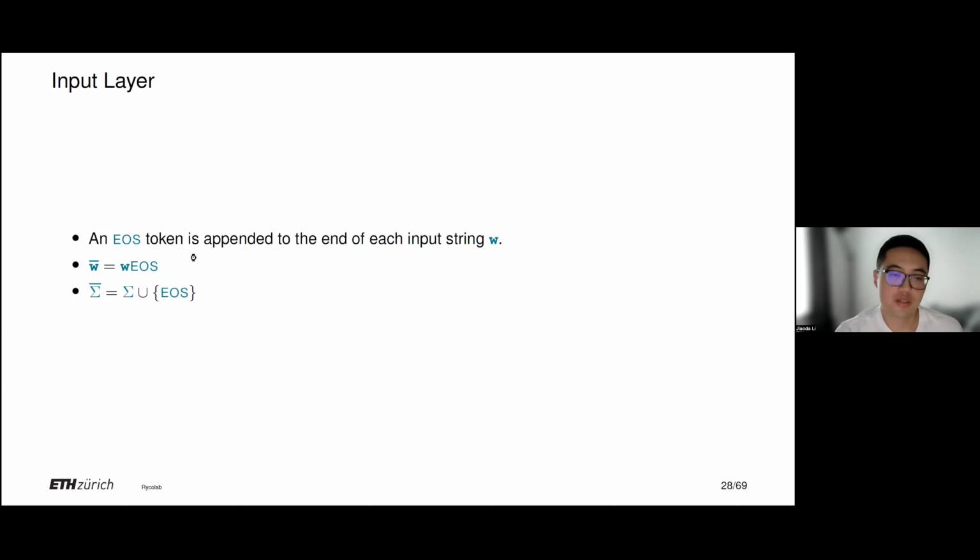Before a string is fed into the transformer, we append an EOS token to the end. So we denote W bar as the W appended with an EOS, and alphabet bar is just the alphabet with an EOS token.